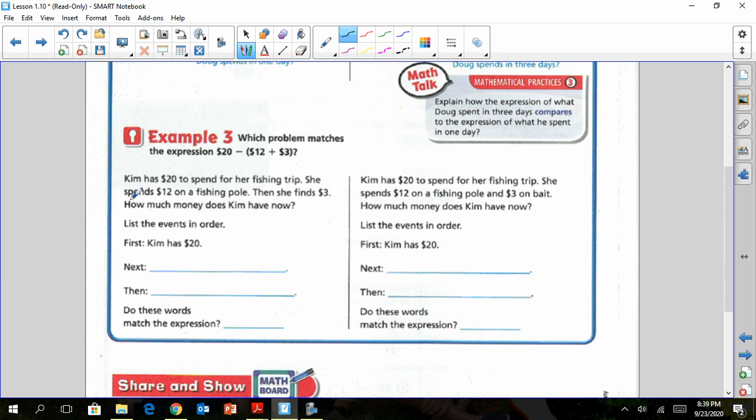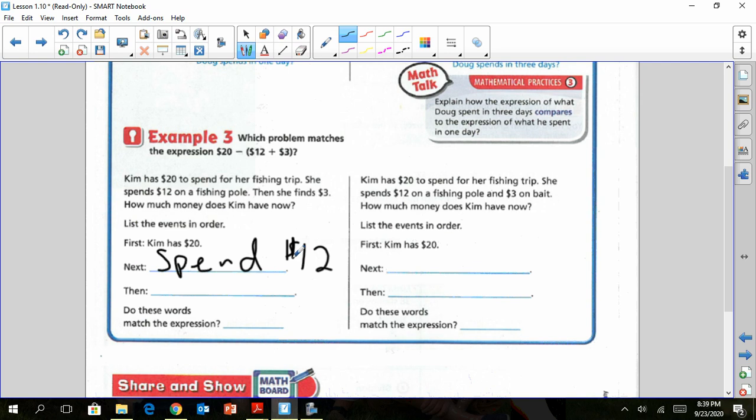Then what happened? Well, she spends $12. She spends $12. That means she is taking away, she is subtracting that money.